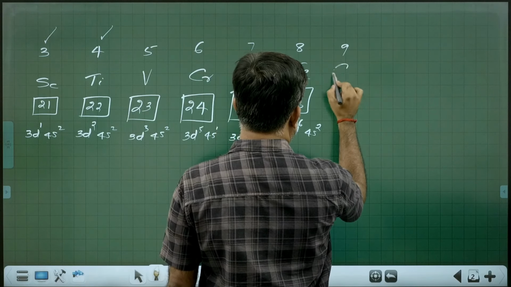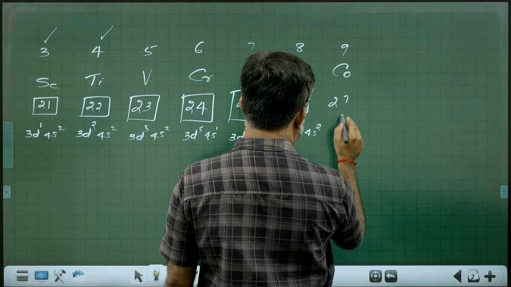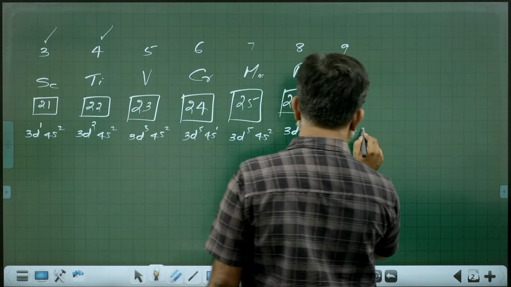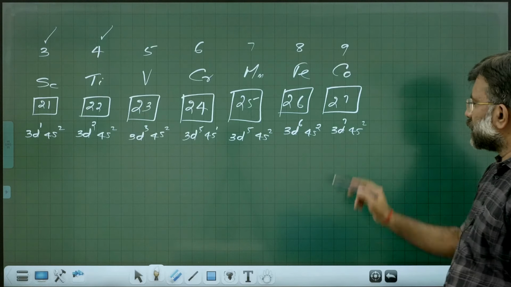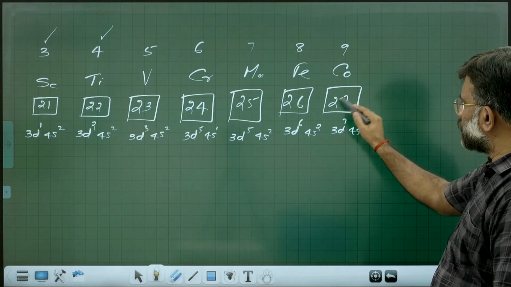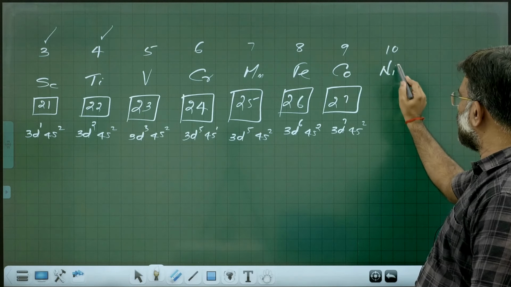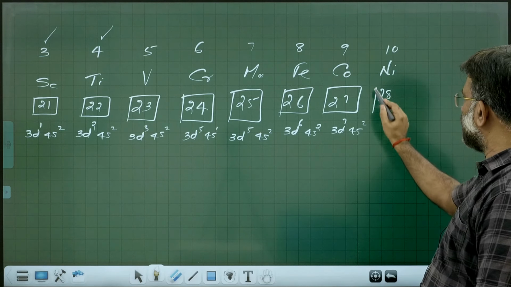It is iron, cobalt, atomic number 27. It will be 3d7 4s2. 2 plus 7 is 9. Now 10th group, it is nickel, atomic number 28.